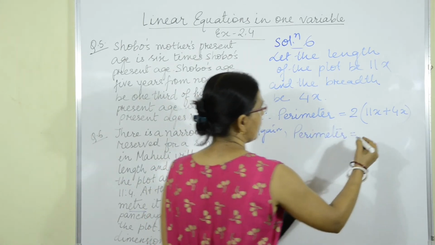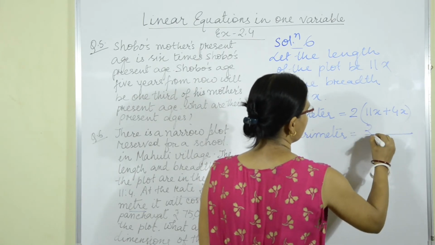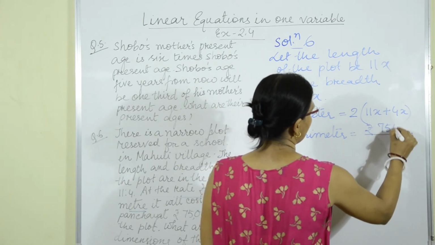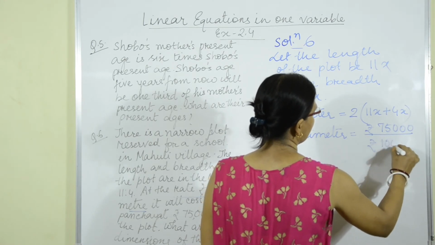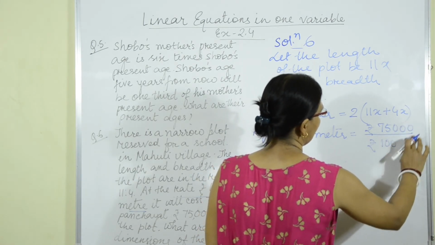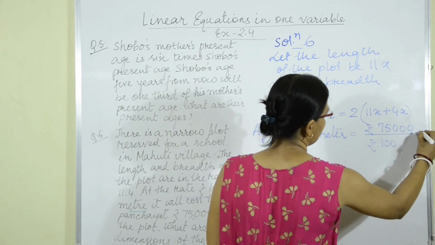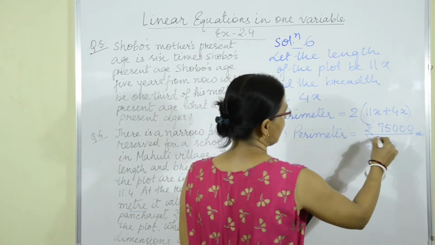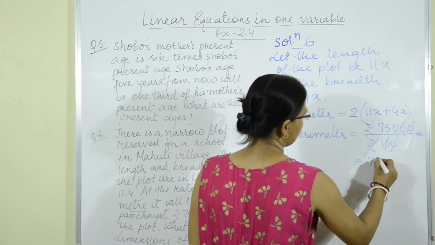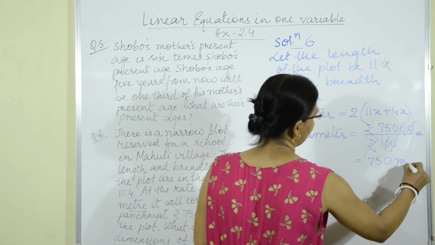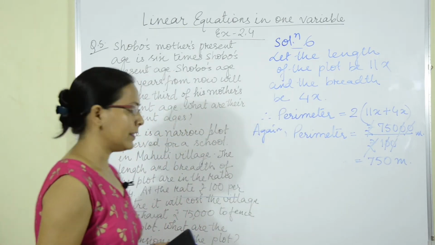The cost of the entire plot, 75,000 rupees, at 100 per meter. Now, when they are saying per meter, it will be meter here. So, rupees and rupees will cancel out and we see that perimeter is actually 750 meter, right.